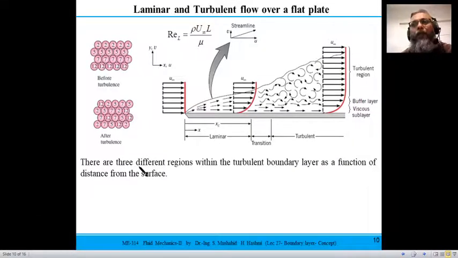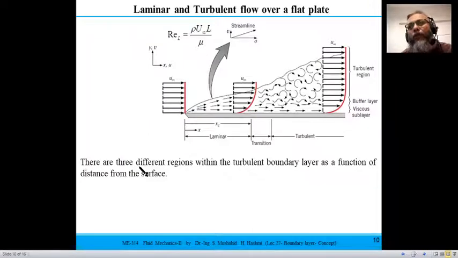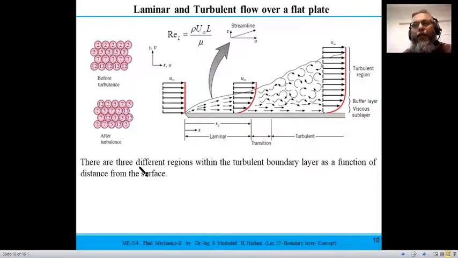Now look at this concept of momentum transfer in laminar and turbulent flow. Let's say, before turbulence, when the fluid is moving in a laminar region, you can identify at a macroscopic level each layer distinctly.